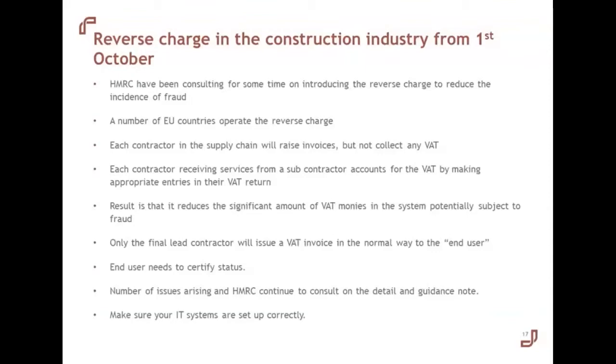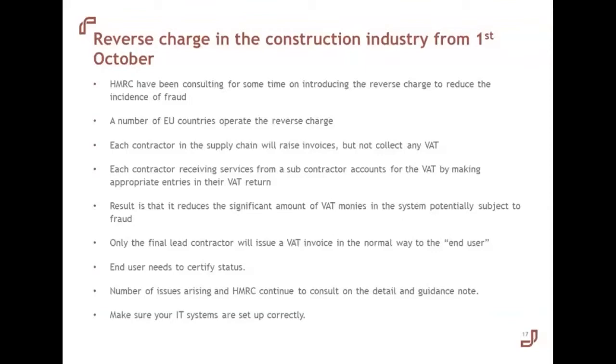And the obvious way to do that is to introduce a reverse charge, because this stops large sums of VAT moving around the system and failing to be reported or paid over to HMRC.